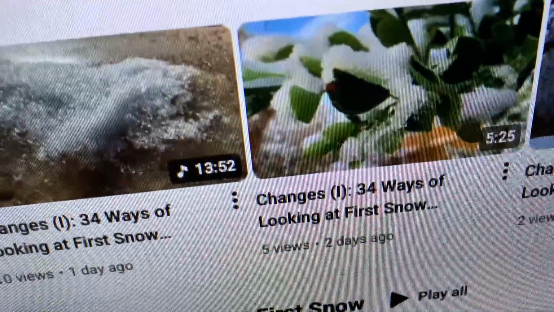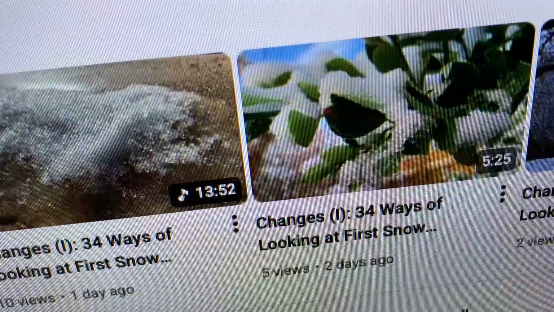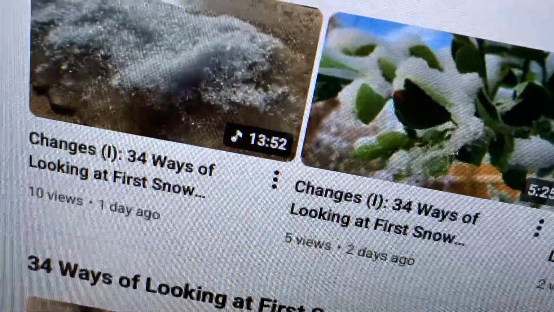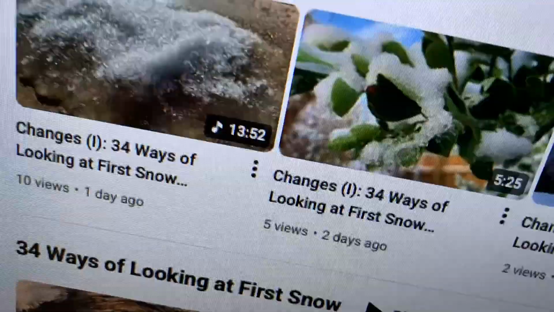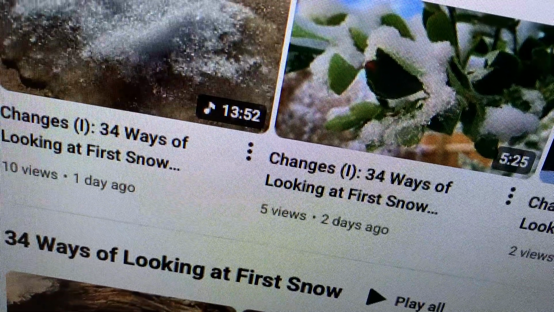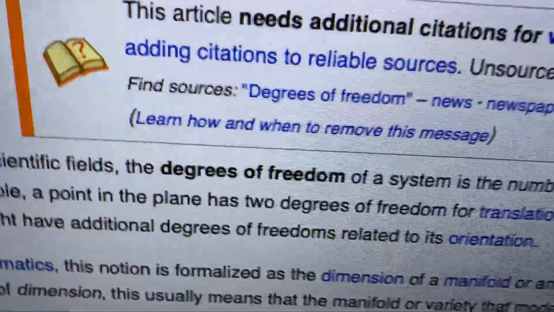Even thinking about that in terms of this idea of degrees of freedom becomes itself a metaphor. Degrees of freedom, I'm just going to go back to this page.